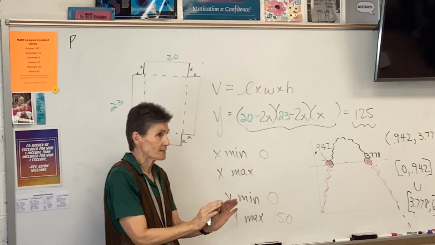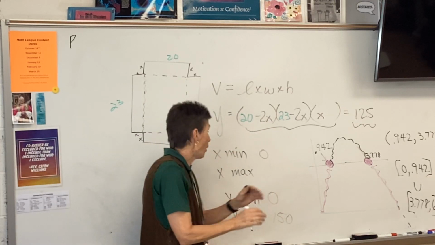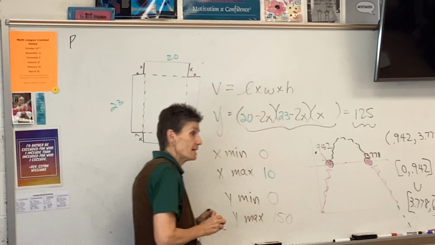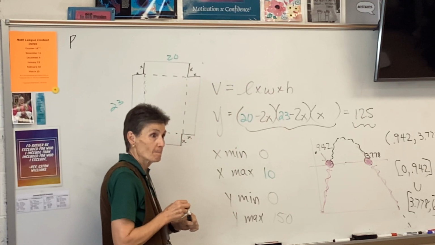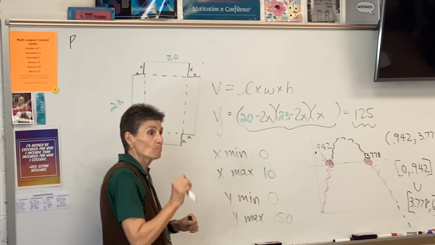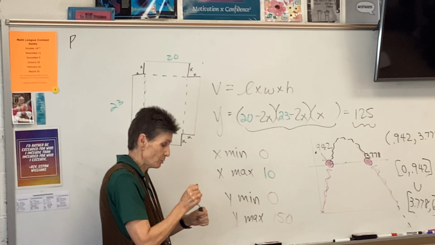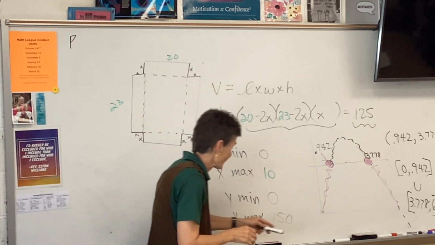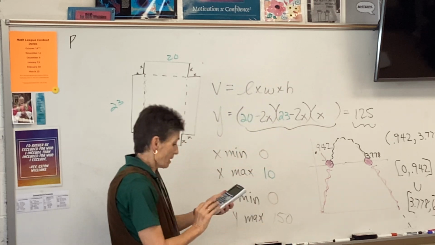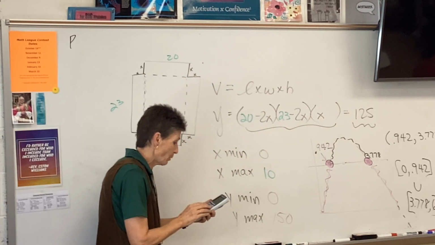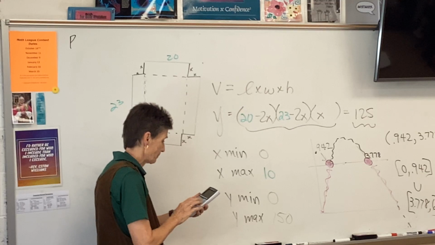It still starts at 0. It can go all the way to 10. How do you change your Y max on the calculator? Press window, click down to Y max and put in any number. Alright, so what did you come up with? Let's see.